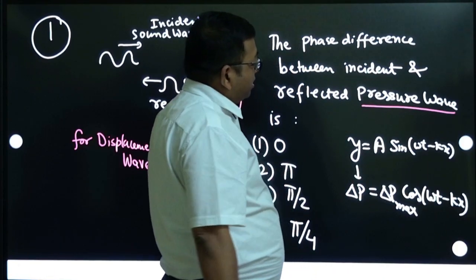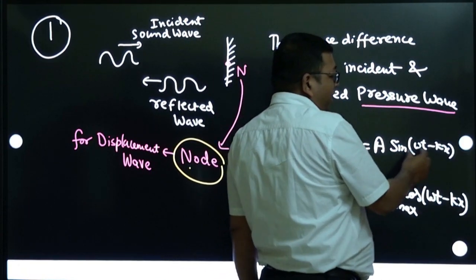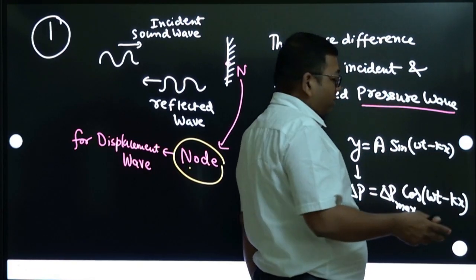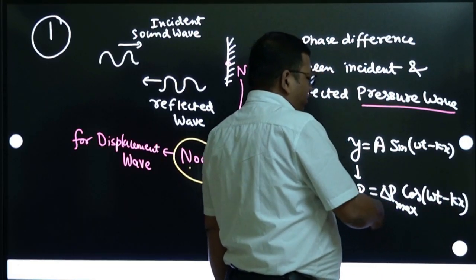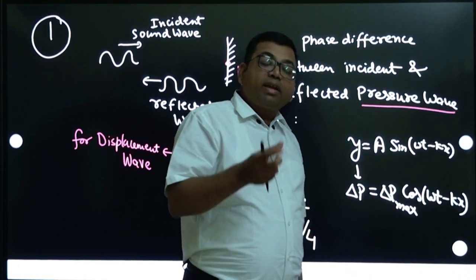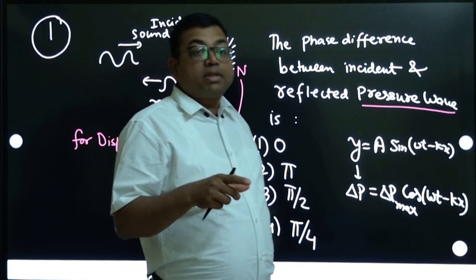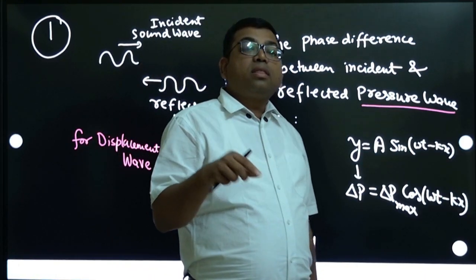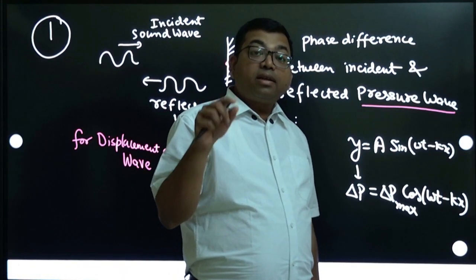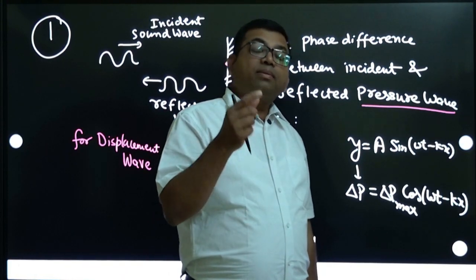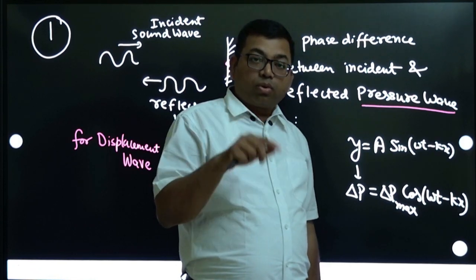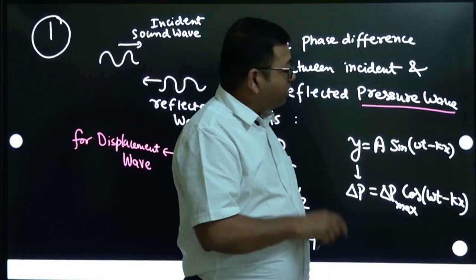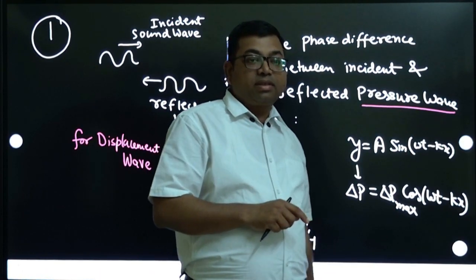Let us take the angle 0. Sine is 0, so displacement has got a node. But when the angle is 0, cos is maximum, so that is an antinode. So wherever displacement has got a node, there pressure has an antinode, and wherever displacement has got an antinode, there pressure has a node. So they are out of phase by 90 degrees, you know that, right?